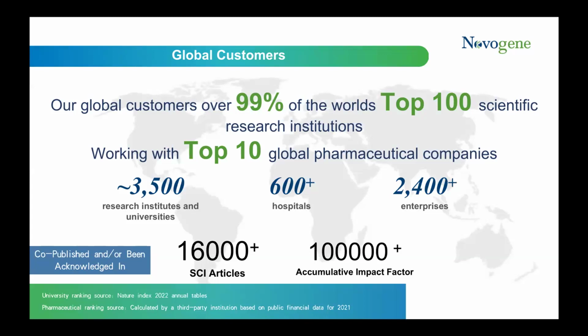As the slide shows, by December 2022, Novogene has co-published and been acknowledged in over 16,000 articles in SCI with an accumulative impact factor of over 1 million.